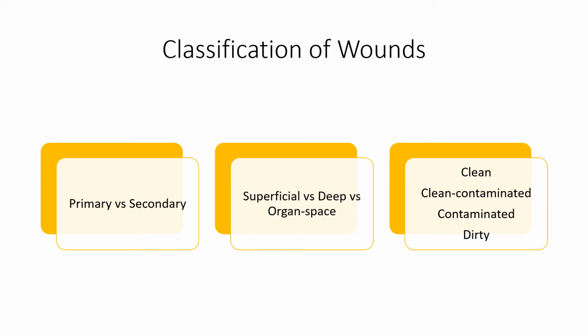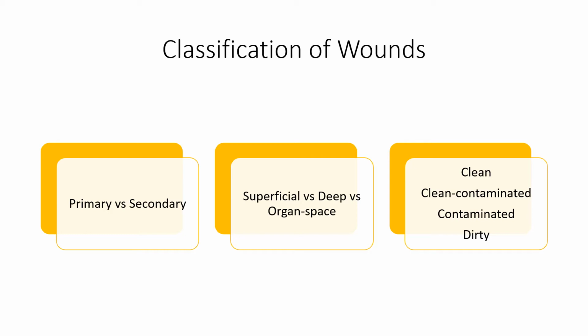This is in contrast to contaminated wounds where there is spillage, say from the gastrointestinal tract, or that the tissue can be seen as inflamed and there is a break in the sterile technique. However, the difference between contaminated and dirty is that contaminated wounds do not appear to be purulent.